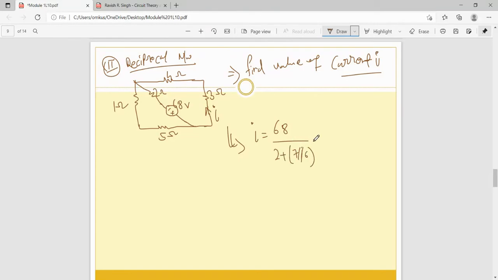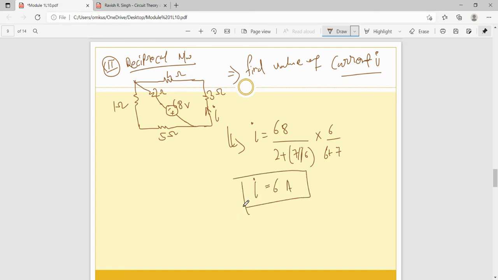This is the symbol of parallel, and this is the total voltage, and multiply by, you need to find this branch current, right? So sum of opposite branch divided by sum of total. So 5 plus 1 is 6, 6 ohm divided by sum of total, 6 plus 7, right? When you solve this circuit you will get 6 ampere. I hope this is clear.